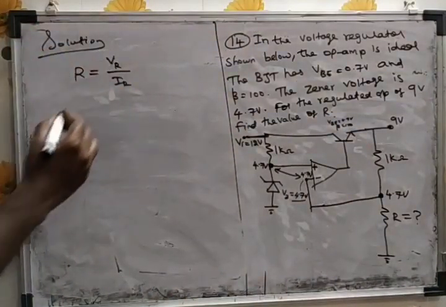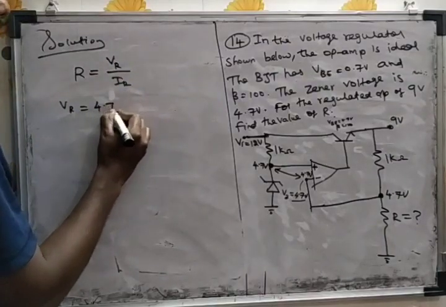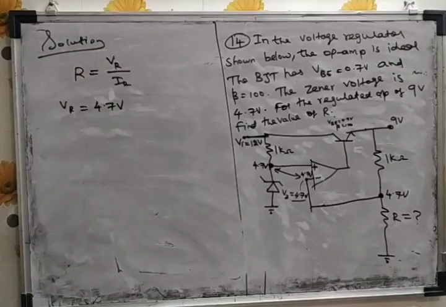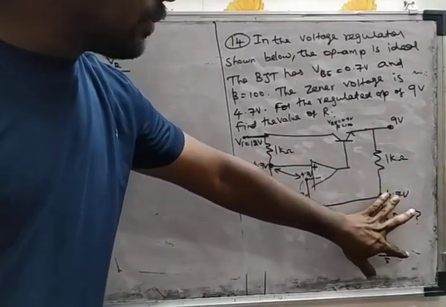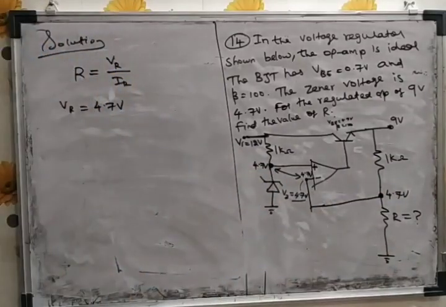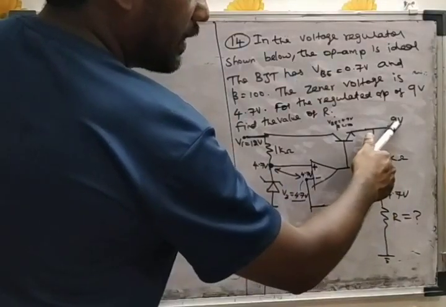So your VR is equal to 4.7 volt. So the voltage across this resistance is 4.7 volt. So here you have 4.7 volt, and here you have 9 volt.